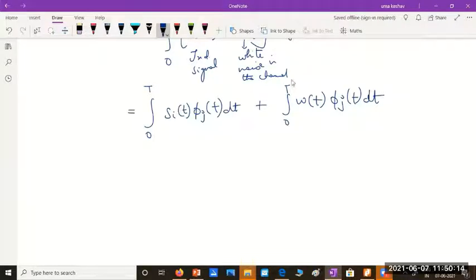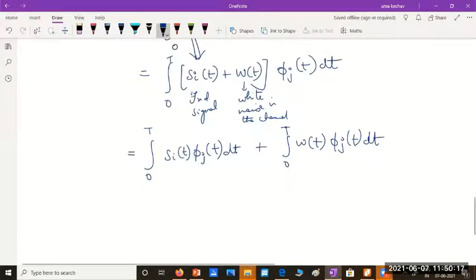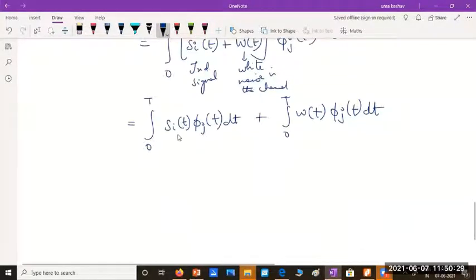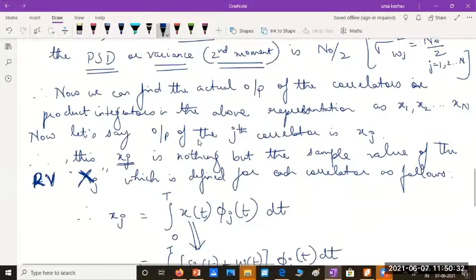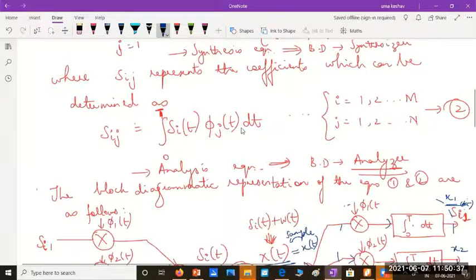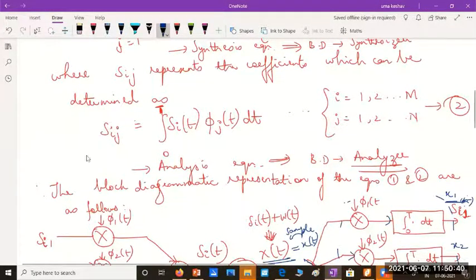Can I write it like this? I am just splitting. This signal x of t, which is the received signal, was the transmitted signal plus white noise. Now I am just splitting and multiplying. Do you remember what Si into phi j is? We wrote it in the beginning. It is your analysis equation which represents the coefficients Sij. Sij is given as integral Si into phi j.